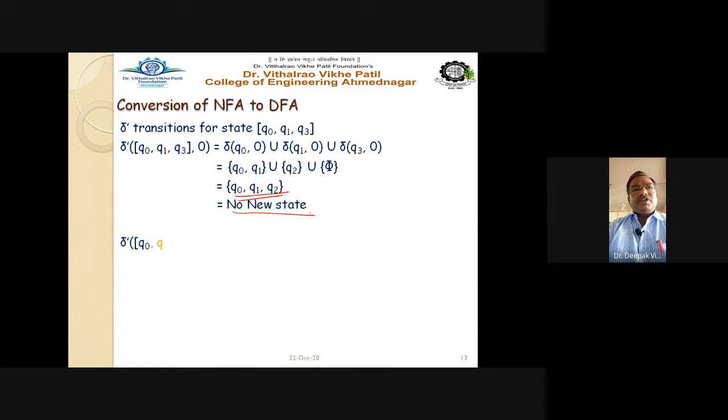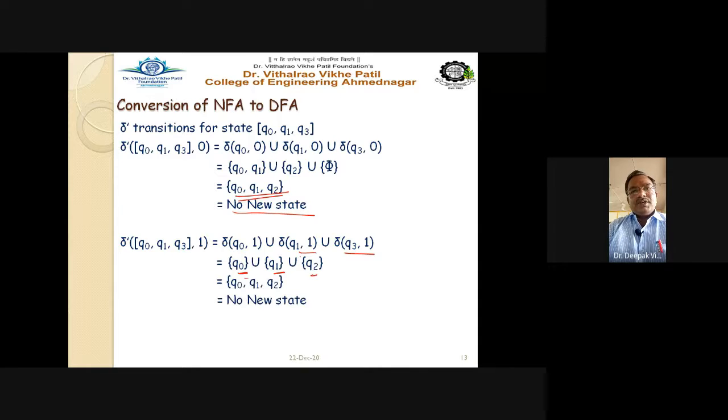Same for delta dash of Q0, Q1, Q3 on input 1: delta Q0 on 1, delta Q1 on 1 and delta Q3 on 1. That gives Q0, Q1, Q2 again, the same state, so no new state is generated. Here we stop, because we cannot proceed further.